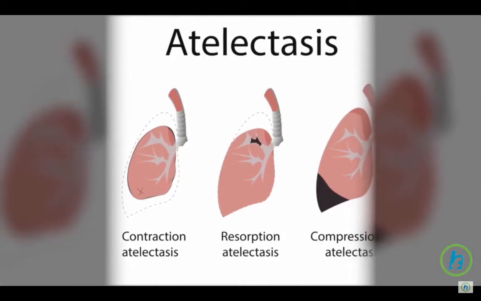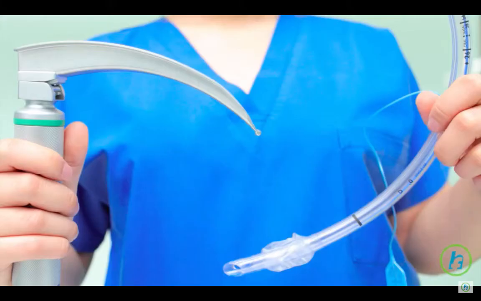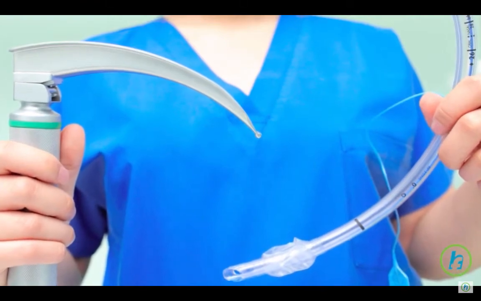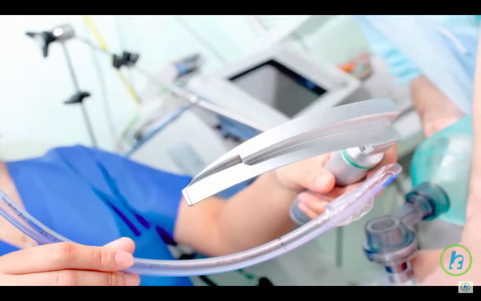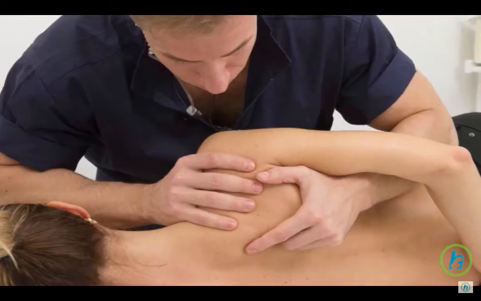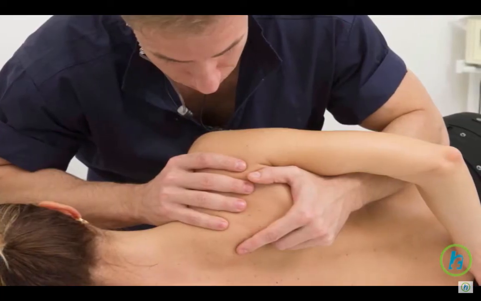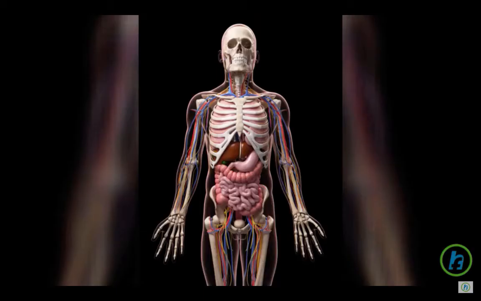Atelectasis can develop as a consequence of surgery where intubation was needed. The first step in treating atelectasis is to remove the cause of the obstruction. Supplemental oxygen, chest physiotherapy, and antibiotics are also used as standard therapy. In most cases, the lung tissue will return to normal.